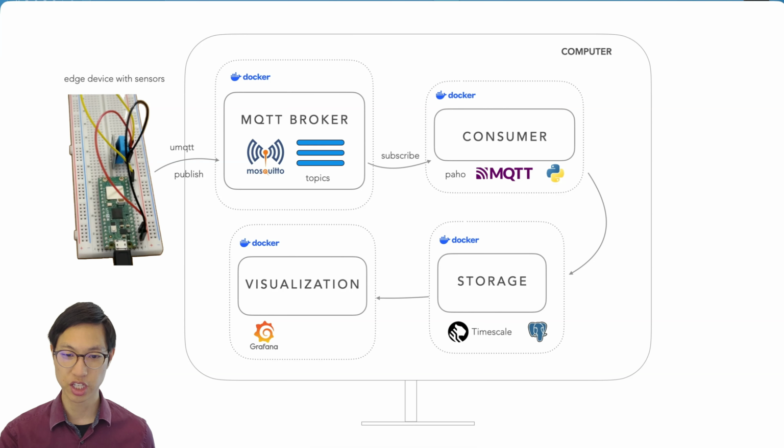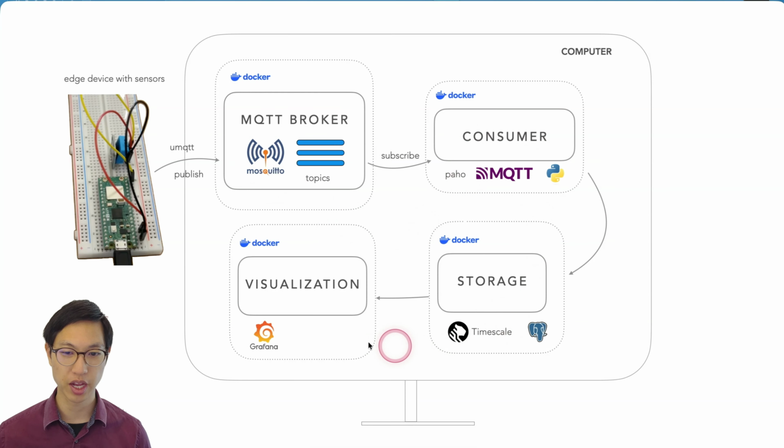So you should definitely learn this if you're working with edge computing, with IoT and edge devices, and want to monitor how your sensors are working. Here you can also think about what should be the responsibility of the edge device and what should be the responsibility of the rest of the pipeline.